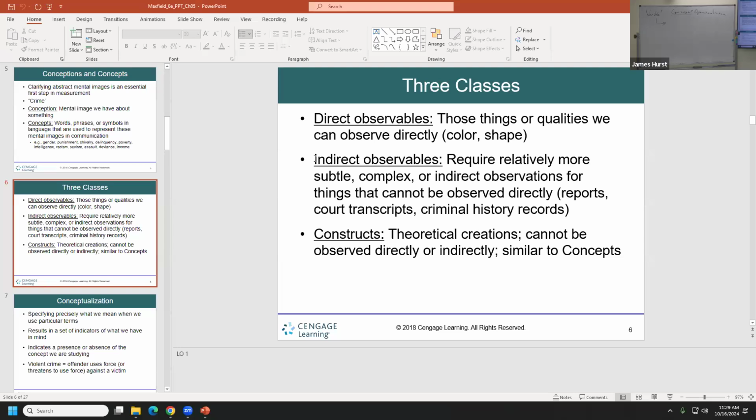Says here, criminal history records. So across all of the different criminal interactions, the criminal incidences themselves, you get criminal history. Those things you can actually look at directly, but what they're trying to pull out of that is something else.